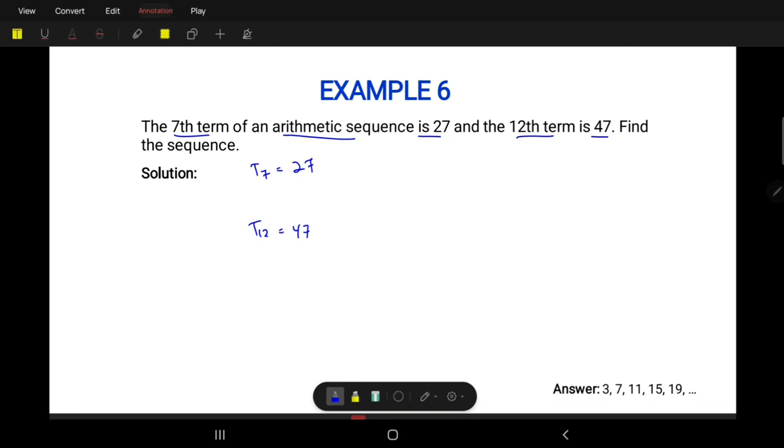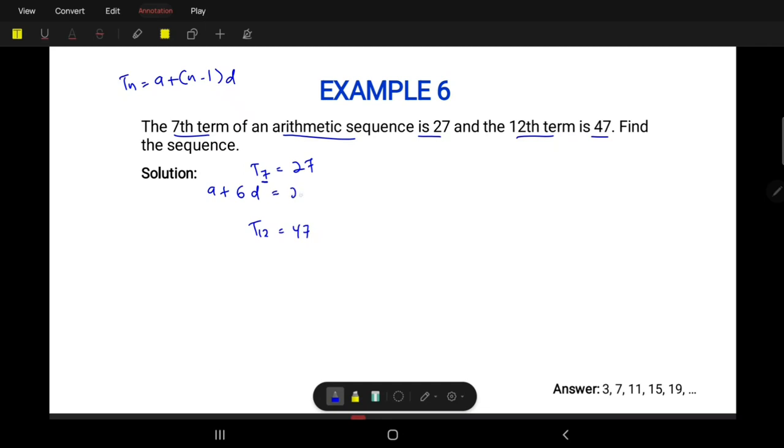Okay. And then, since this is terms, what is the formula for terms? Tn equals A plus n minus 1 D. Masukkan dia dalam ni. A plus, we know that n is 7, so 7 minus 1, you get 6D. A and D kita tak tahu.